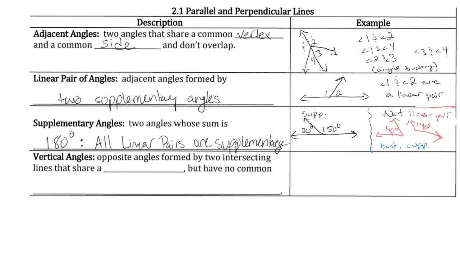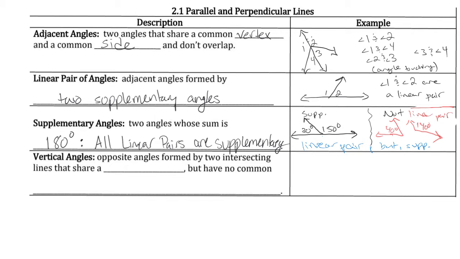All right, so the next one is vertical angles. You guys should be pretty familiar with vertical angles. We've gone through them a good amount of time. And I'm just filling in that the first one is a linear pair because it adds to 180 degrees. It's supplementary, and they are adjacent angles.